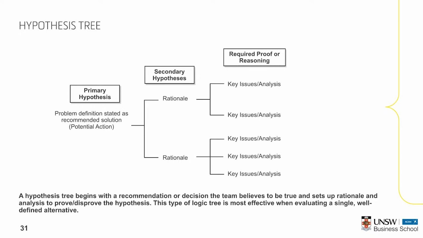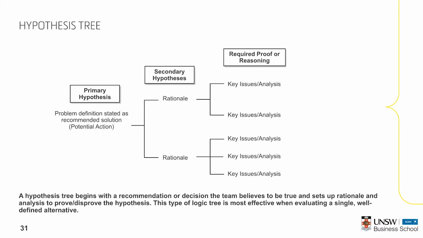You potentially could have a hypothesis around the solution to the problem, so present the hypothesis in that positive light versus what's causing the problem, and then build out a second level of hypothesis around the rationale of why that problem's occurring. And then looking at what are the key issues driving that particular rationale around that hypothesis. So building the tree out that way.